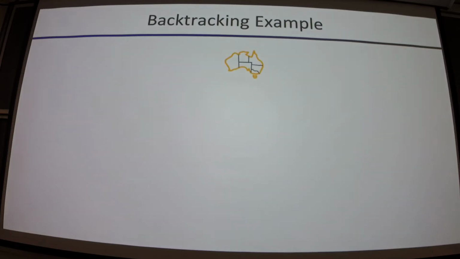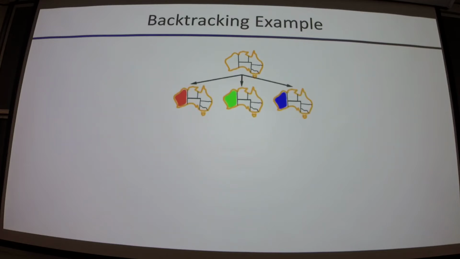Okay. So what would that look like in our map coloring example? Well, this one has 3 children because we fixed the ordering in which we're assigning these things, right? So then the left one, however, only has 2 children, right?